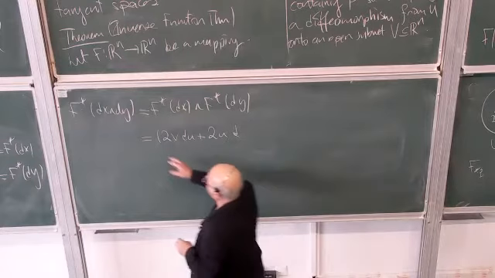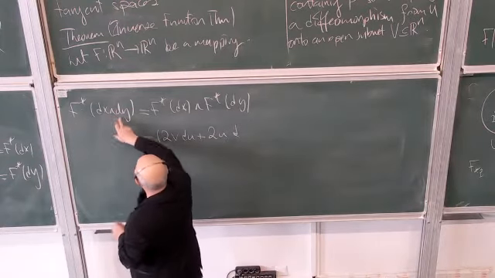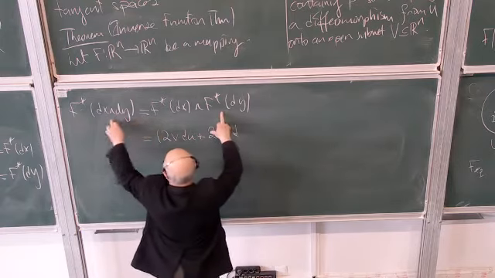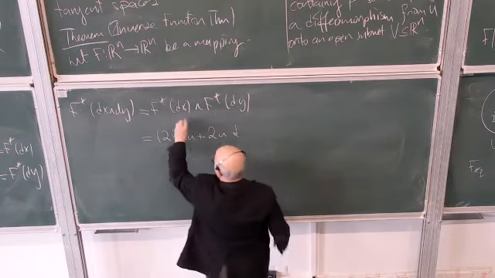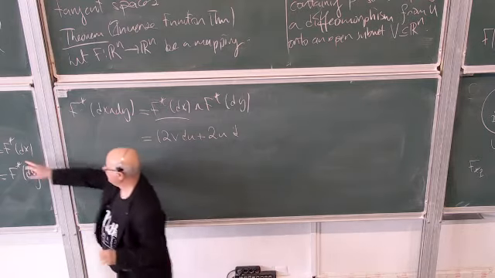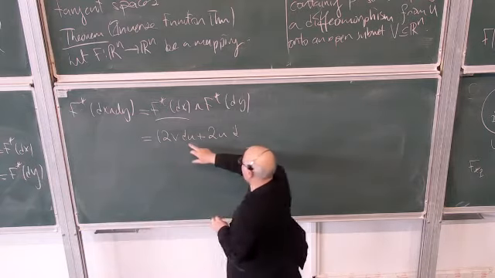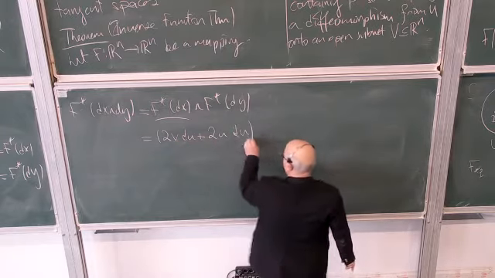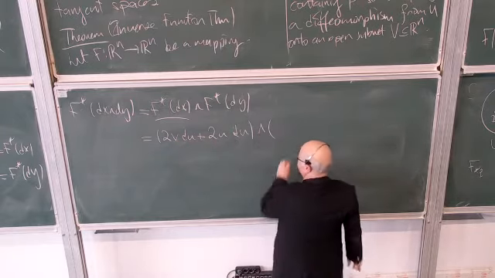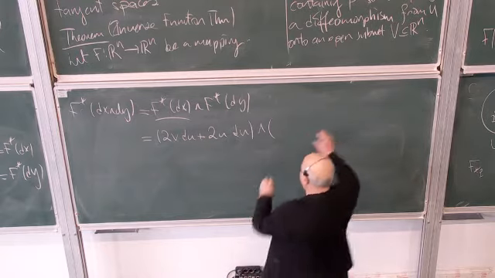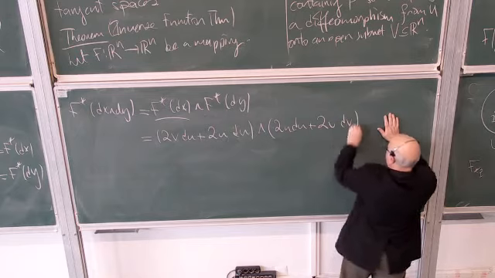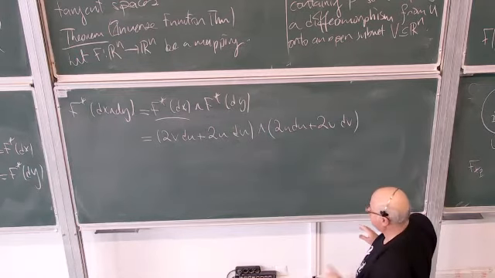Okay, so f star dx wedge dy separates like this. And then I write just these two expressions. f star dx is just 2v du plus 2u dv, wedge 2u du plus 2v dv. Right.